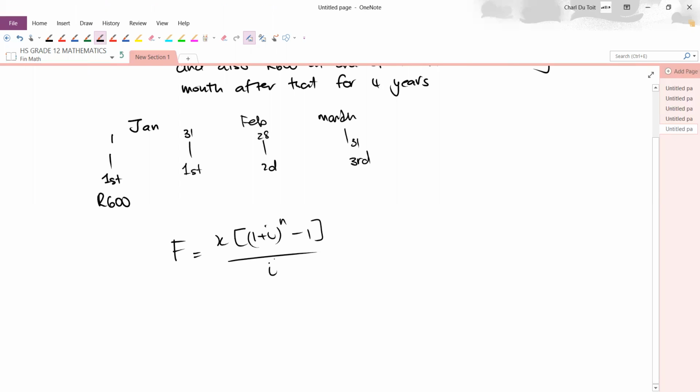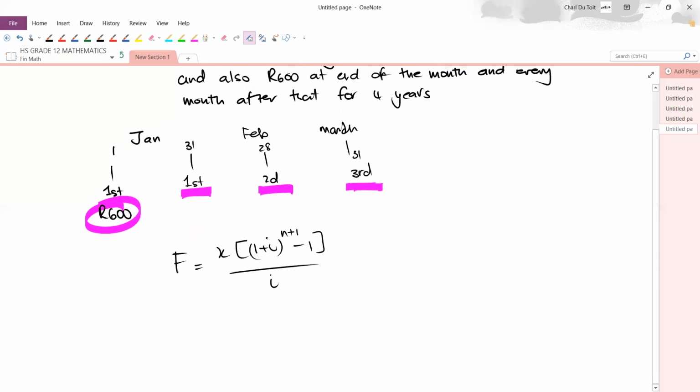That would have been the formula if this 31st was the first installment, and then the second and third installments. But now that 600 Rand is accumulating interest. I'm not starting on the 31st with the 600 Rand. That 600 Rand has 1 month extra, so they just add 1 month to that interest there.